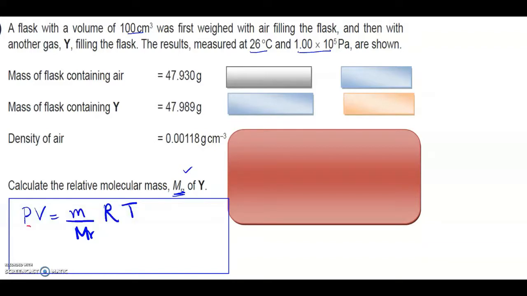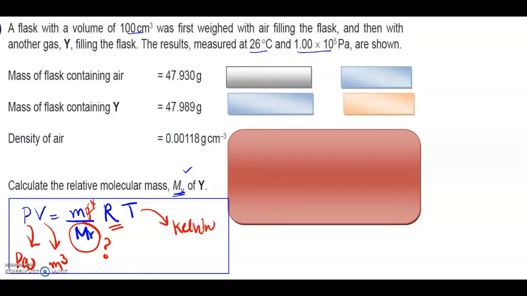You are provided with pressure, which should be in Pascal, and volume, which should be in meter cube. You need to calculate MR, which is the question mark, and the mass is in gram, the mass of Y. R is from the data booklet and T should be in the Kelvin scale, or absolute scale.